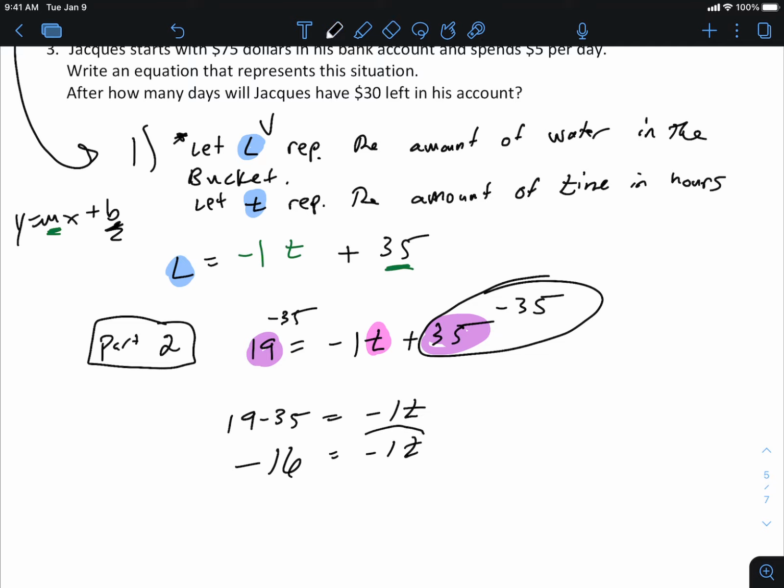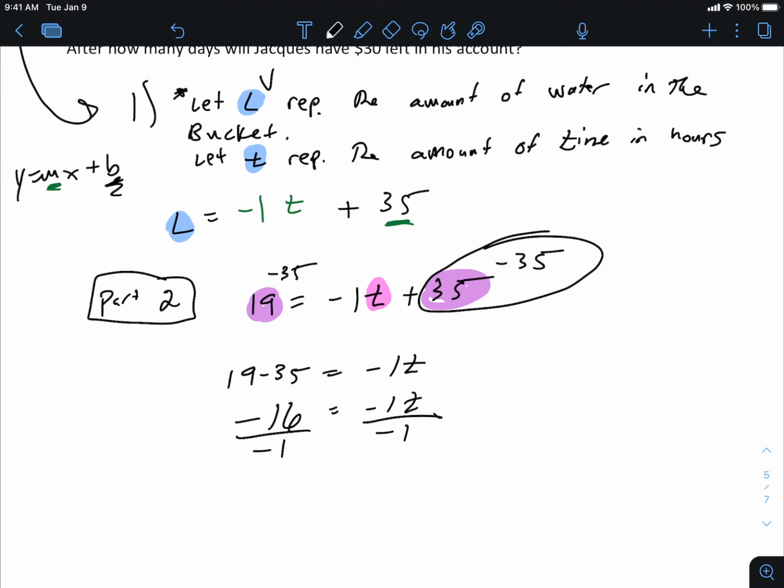The t is not yet by itself. There's still a negative 1 on it. So to get it by itself, you're going to divide by negative 1 on both sides. Negative 16 divided by negative 1 is going to be 16 equals t.